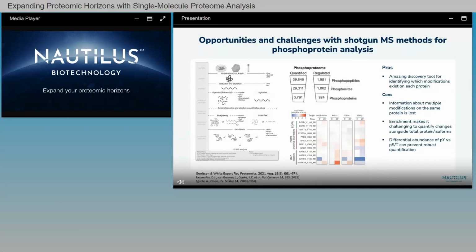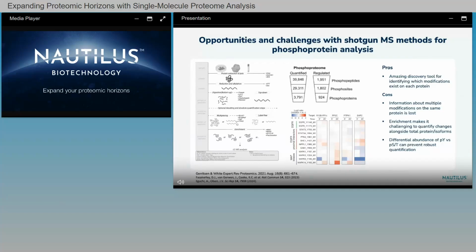So for example, this is a very common workflow used in shotgun mass spectrometry, where we take our proteins, digest them, enrich for particular post-translational modifications, and then do a shotgun proteomics analysis. And this allows us to look at individual sites and say, all right, well, this is how much of that site is modified. But unfortunately, these methods lose context to be able to say, oh, well, how many molecules were doubly phosphorylated or triply phosphorylated?